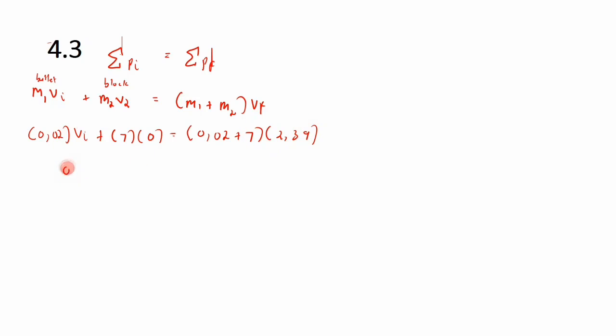Now calculating here, we have 0.02 Vi is equal to, punching all this in your calculator, 16.7778. Divide both sides by 0.02, and then Vi is equal to 838.89. Now you should not be afraid when you see a value this big, especially if we are calculating the velocity of a bullet. The bullet can move at such great speeds, so this is nothing surprising.